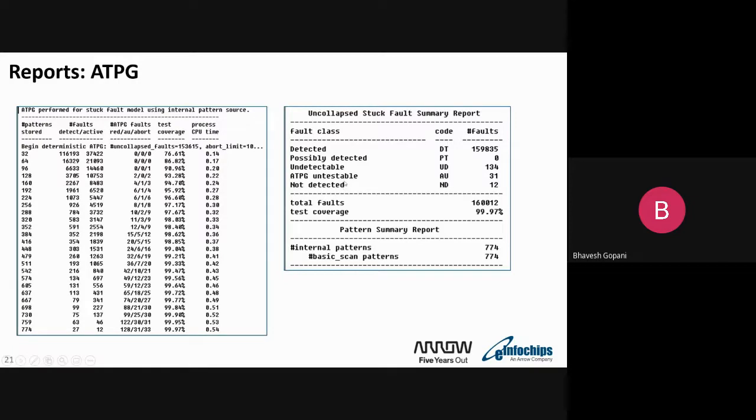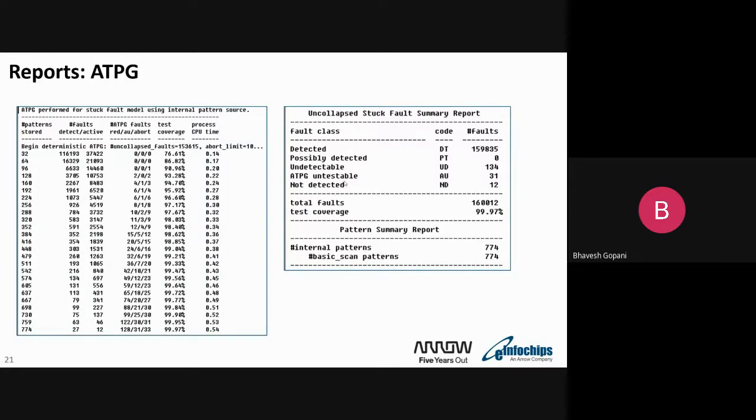Currently I don't have any gate level circuit or something like that, but I can tell you the difference between these two categories. Undetectable is something where in any case the tool is not able to cover it, and the tool is not able to target those kinds of faults.